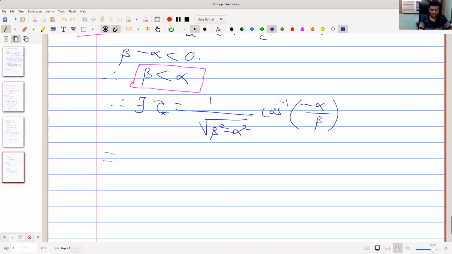That is 1 upon b into square root b minus a square c square divided by a square plus 2 times b minus a into c divided by a.